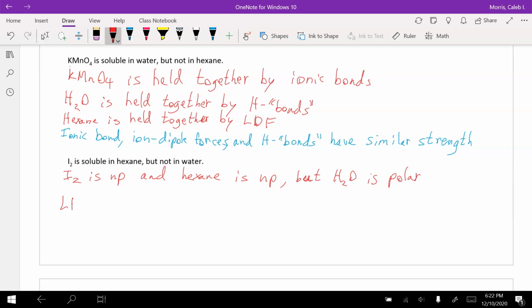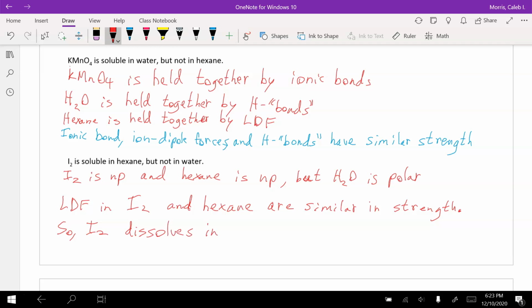So the LDF in I2 and hexane, the London dispersion forces in iodine and hexane are similar in strength, so iodine dissolves in hexane, but not water.